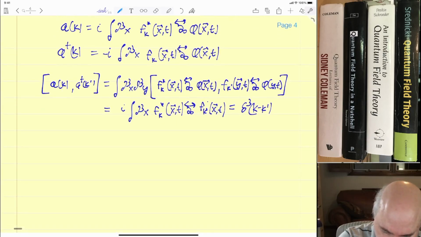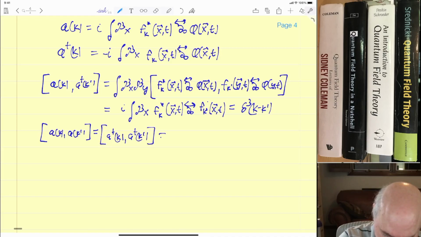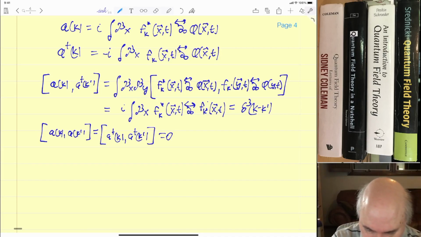And similarly, we'll find AK prime with A dagger K prime equals 0. So now we've sort of come full circle. We've gotten back our creation and annihilation operators, and they're easy to interpret and everything.